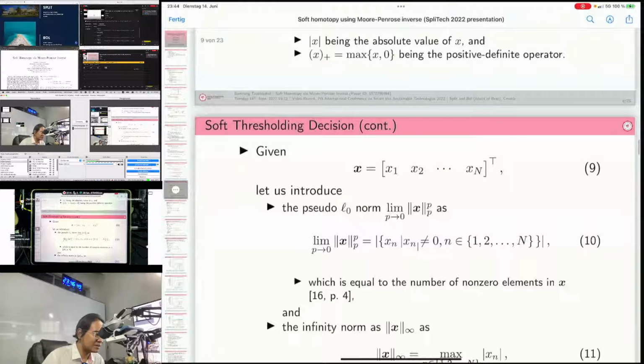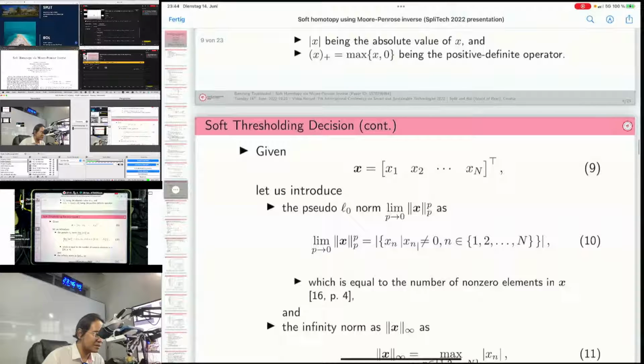The pseudo L0 norm needs to be introduced because it is used to count the number of non-zero elements in the vector x. The infinity norm is the maximum of the absolute values of the elements in x.